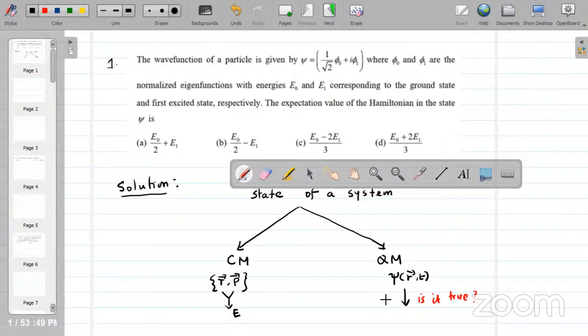Suppose this psi is a superposition of eigenstates of the Hamiltonian, then if I measure the Hamiltonian on this state psi, I will not get one value for psi. I will get one of the values corresponding to the superposition of eigenstates. So there is no correspondence between psi and energy. That's very important, and it is not true in the case of classical physics.